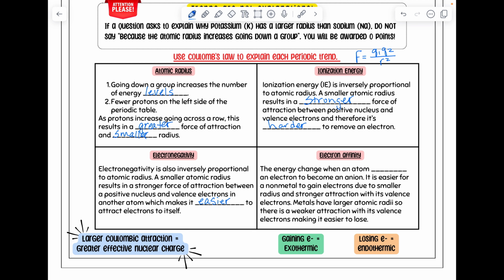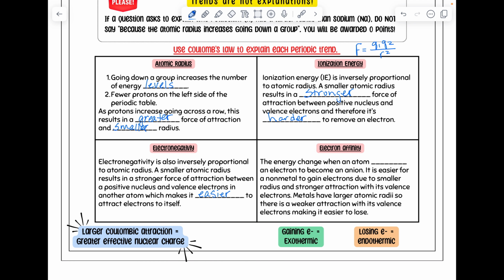And finally, we have electron affinity. Electron affinity is a little more complicated. There's more at play here, but in general, the energy change when an atom gains an electron to become an anion is the electron affinity. It's easier for a nonmetal to gain electrons due to their smaller radius and stronger attraction with its valence electrons.